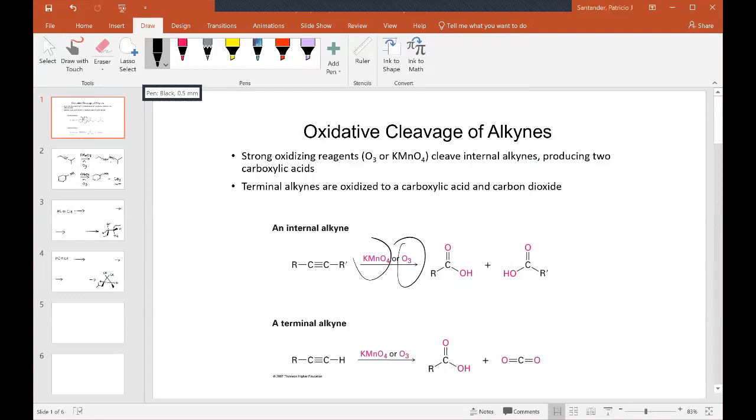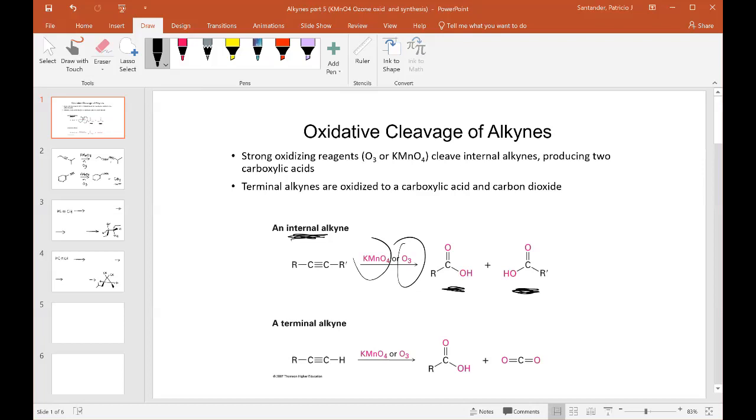The only thing that you need to pay attention to is the product that you get by oxidation of internal alkynes. When it's an internal alkyne, both carbon atoms will become carboxylic acids.